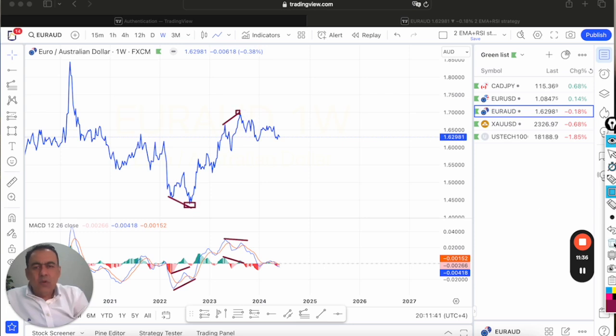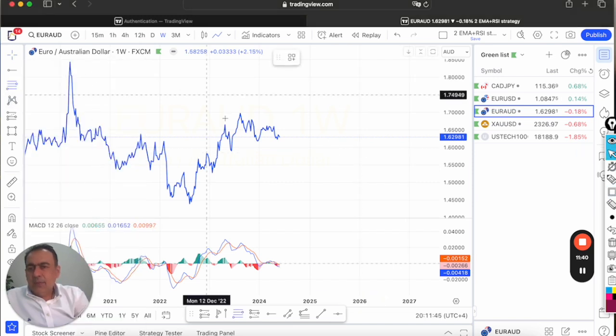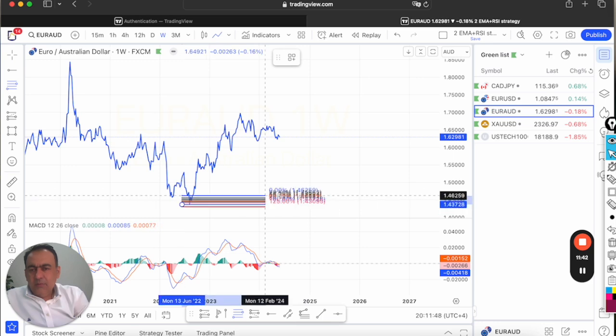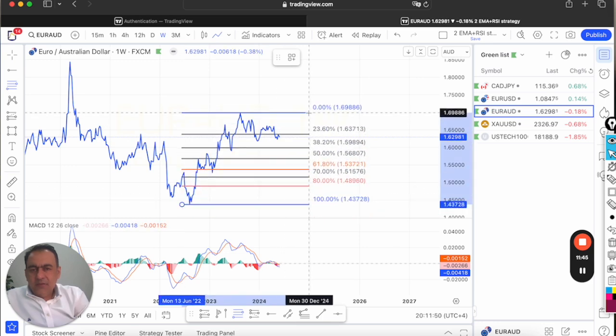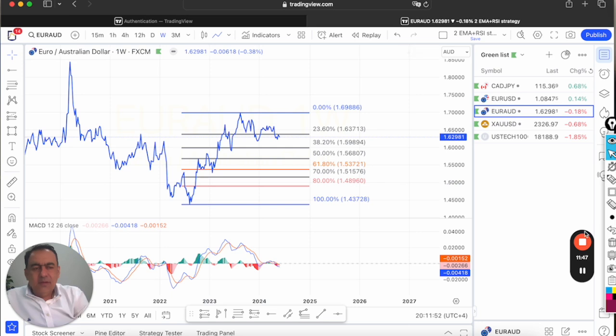Now I'm going to plot Fib retracement on this bullish cycle, starting from the lowest point, connecting to the highest, and this is the Fib retracement plotted on the bullish cycle. Usually you can expect a drop towards the 50% mark.